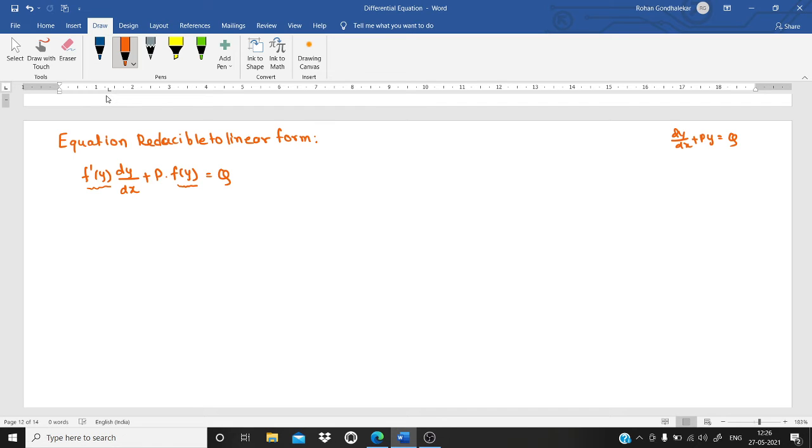Now in the actual linear differential equation form, what do you require? The coefficient of dy by dx has to be 1, and the multiple of p should be y raised to 1. But here the multiple of p is a function of y.